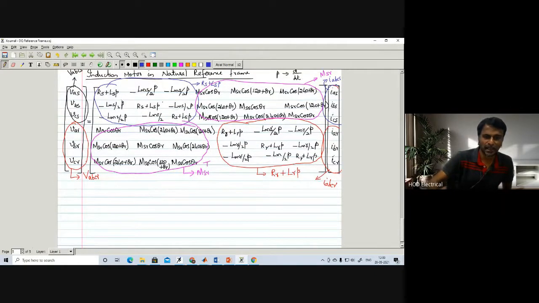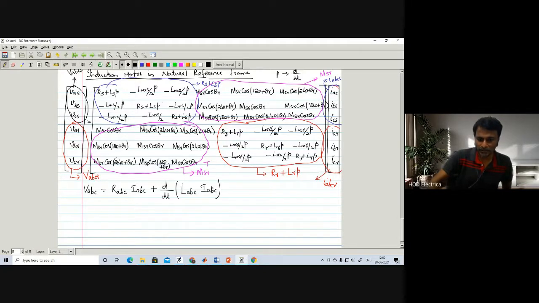that the equation has the component of voltage in ABC equal to resistance in ABC into current in ABC plus d by dt of inductance in ABC into current in ABC.